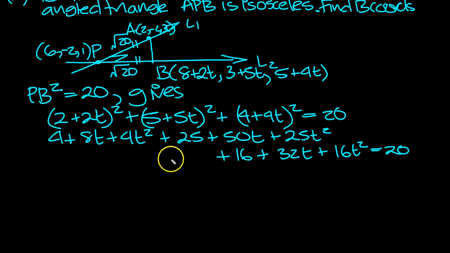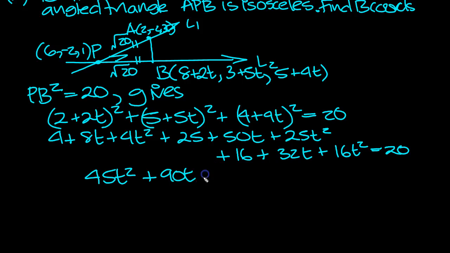So what have we got then? T squared's 4, 29, 39, 45. Plus, now the t's 8, 58, 90. And the numbers 4, 29, 39, 45. Move the 20 over to minus 20.